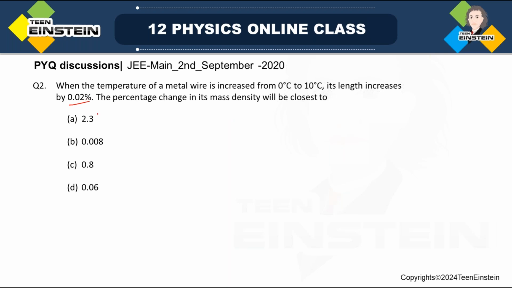The percentage change in its mass density is closest to what? So first of all, we have to understand what this percentage change is. Then we have to see, mass density means rho equals m by v.